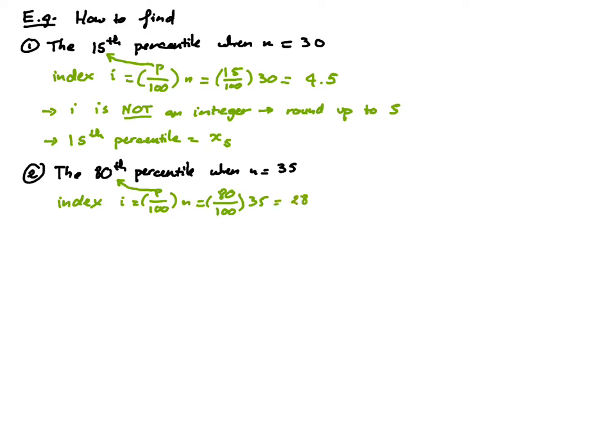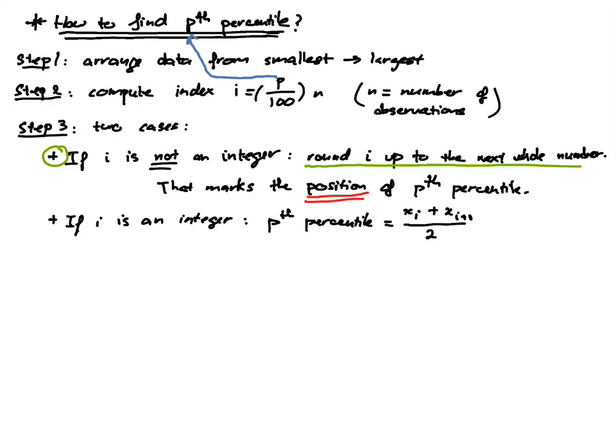So now we're in the second case, where I is an integer. If I is an integer, then the p percentile is gonna be equal to x sub I plus x sub I plus 1, divided by 2.